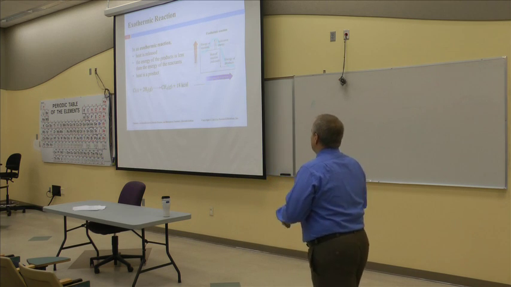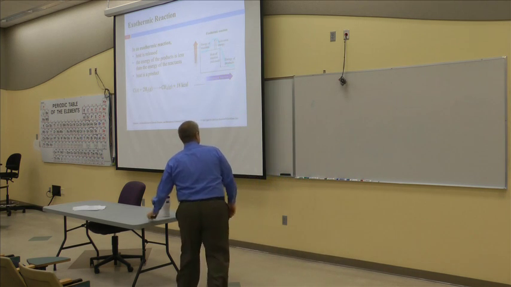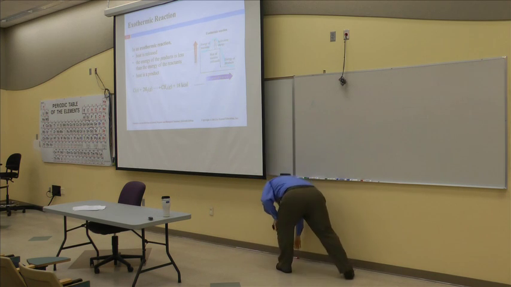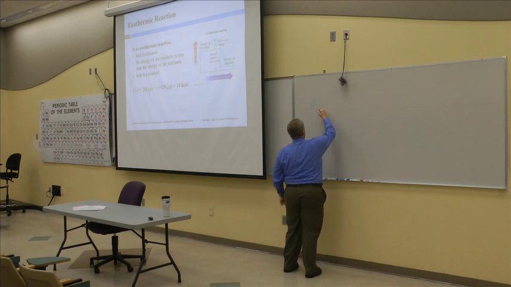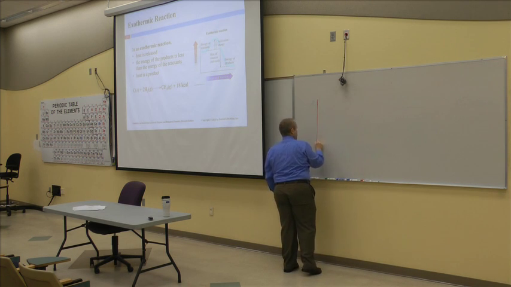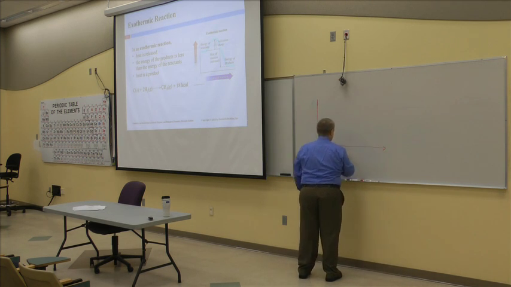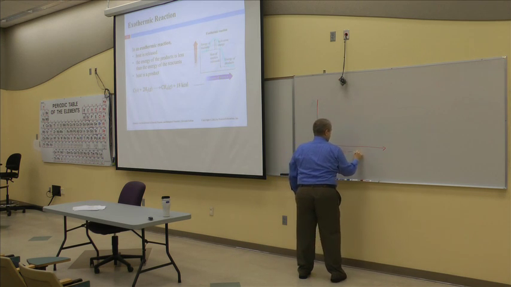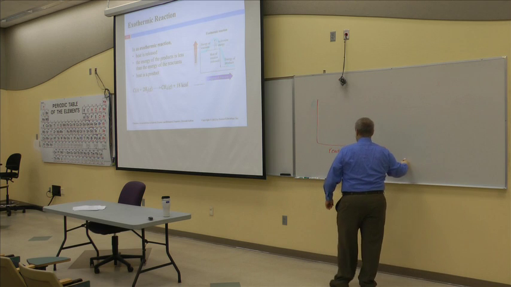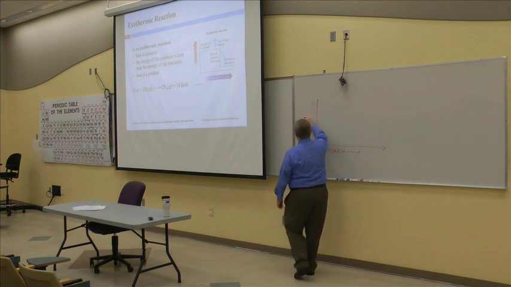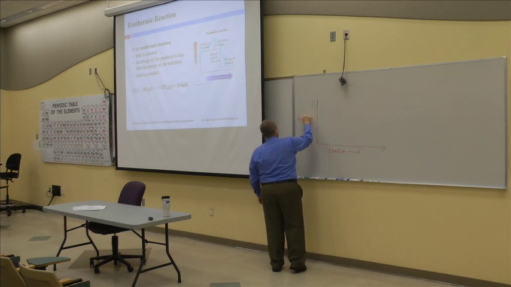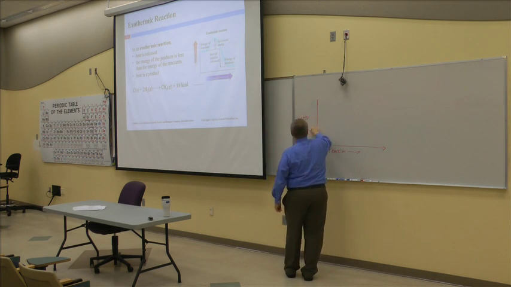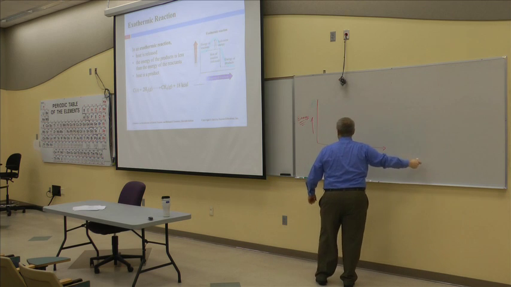Write this word down. Exothermic. Now, I am going to draw a graph, which everyone hates graphs, I know. This is reaction progress. So the reaction is going forward. This is energy. So the energy goes up, reaction goes forward.